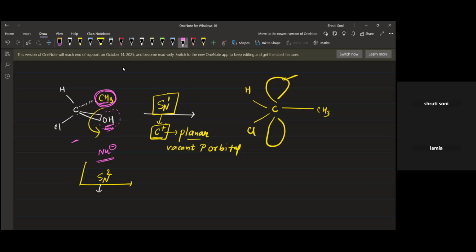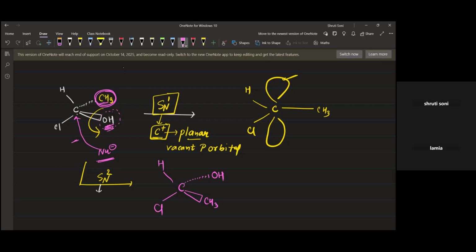So what you need to do is, if OH is in the wedge direction, then in case of SN2, after attacking of the nucleophile, CH3 will come on the wedge direction. And as the nucleophile is attacking from this direction, the nucleophile completely comes to the opposite side and this compound will form.